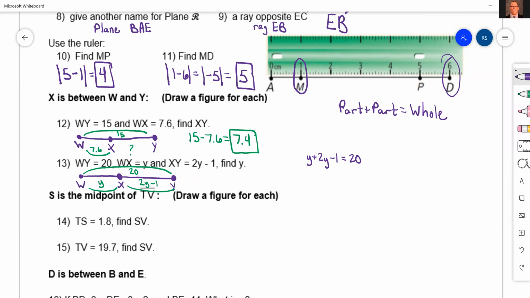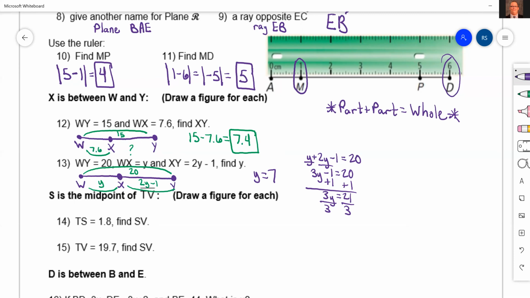Now we've got to solve. Combine our y's together. y plus 2y is 3y minus 1 equals 20. Add 1, let's finish solving. 3y equals 21. Divide by 3, and you get y equals 7.